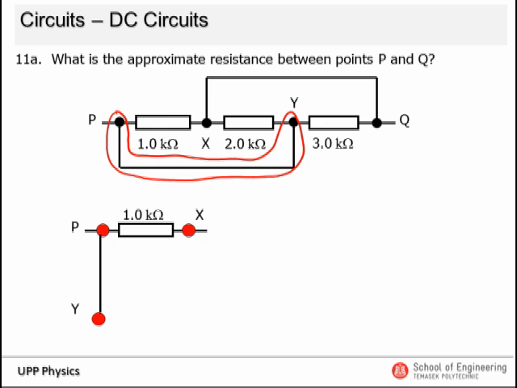After which, we will draw the resistor between X and Y, which is given by this resistor, 2 kilo ohm resistor. Then we will draw a connection from X to Q, as indicated by this wire connection here.